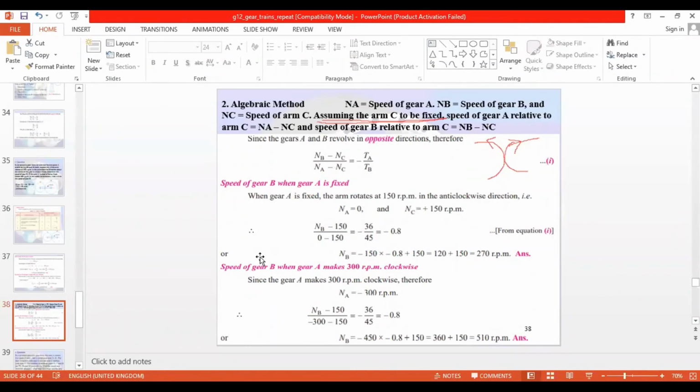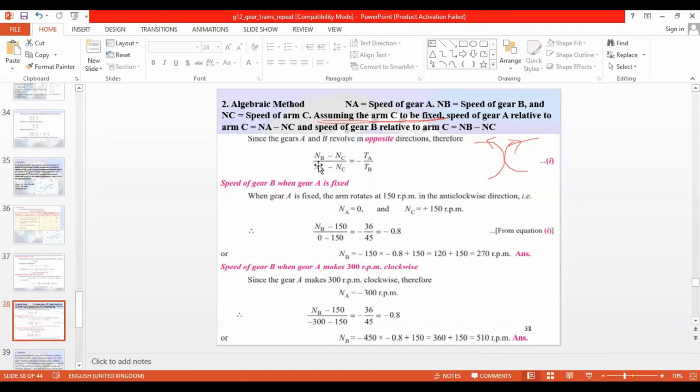So again, we will replace in this equation NB, which I have to find, minus NC, which is 150, upon NA. NA is given in the question as rotating clockwise, but we take anti-clockwise as positive, so if it is clockwise, then I have to put negative.